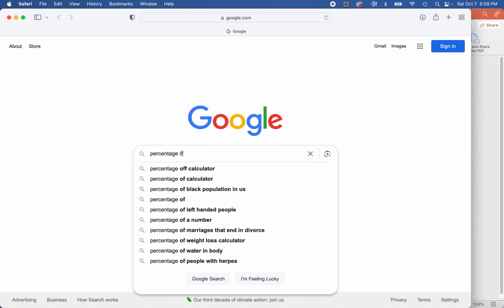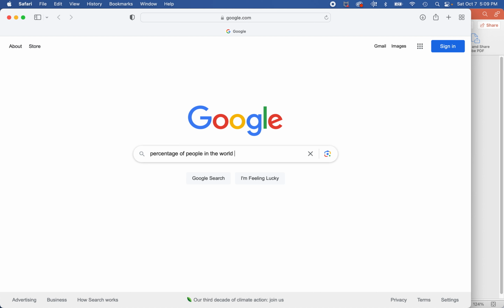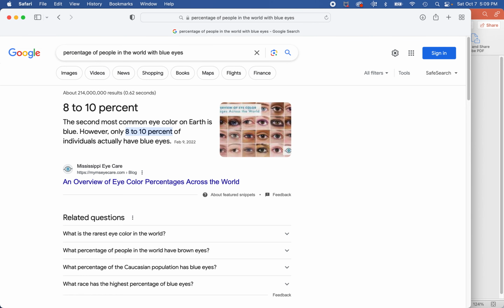Percentage of people in the world with blue eyes. You can see how slowly I type. 8 to 10% of the people in the world have blue eyes, but you'll have to understand that Chinese people don't have blue eyes.